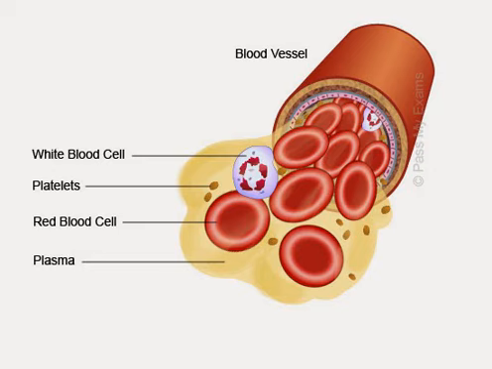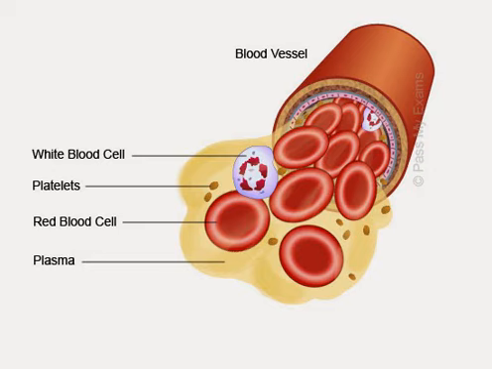Then blood clotting involves 3 major processes: the formation of prothrombin activator, formation of thrombin from prothrombin, and the formation of fibrin. Formation of prothrombin activator involves 2 major pathways that we call intrinsic and extrinsic pathways. Intrinsic is within the vascular system of the blood vessel, extrinsic is outside the blood vessel.